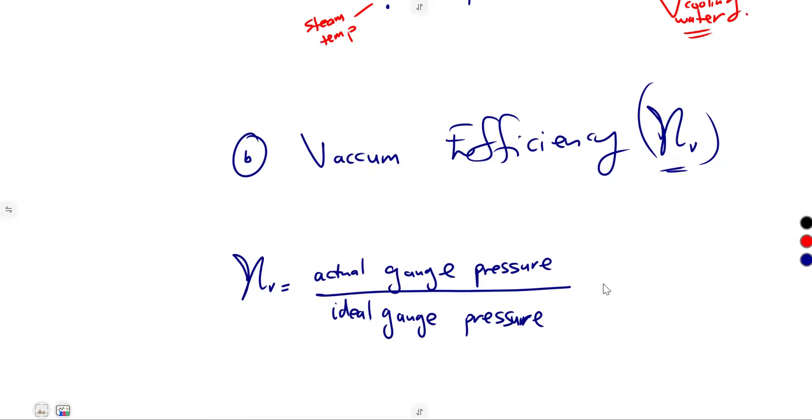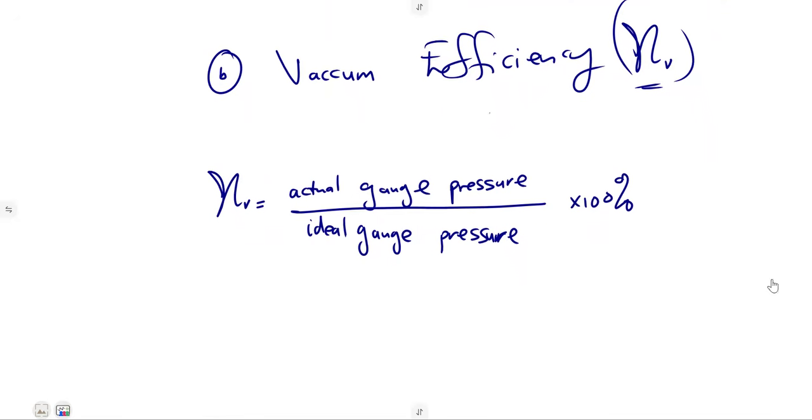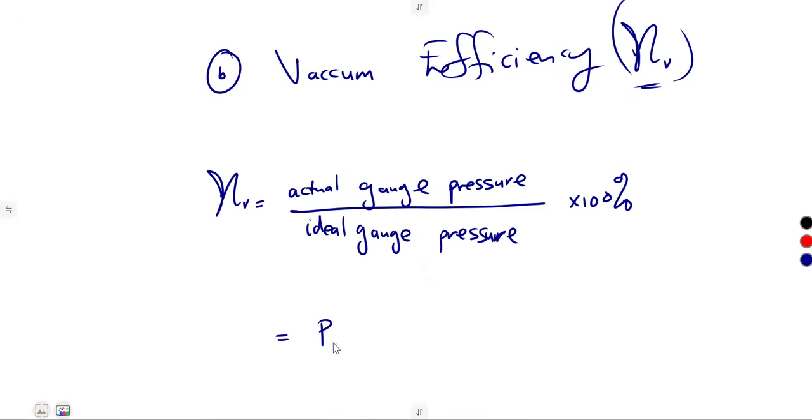Let me put it that way. So it can be given as PMG over PSG, that is actual gauge pressure over the ideal gauge pressure.